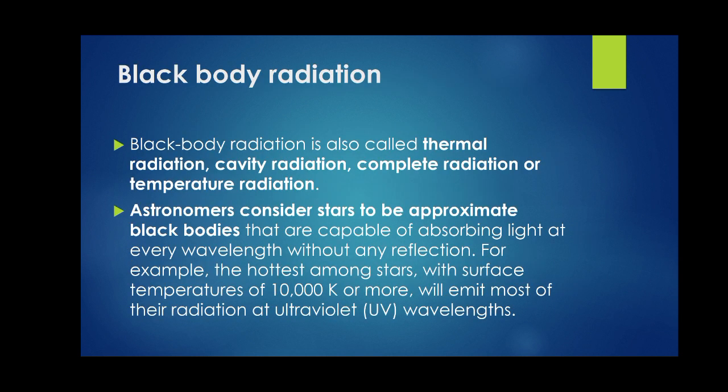Let us see some more points in the slide of black body radiation. Black body radiation is also called thermal radiation, cavity radiation, complete radiation, or temperature radiation. The material which has the ability to absorb all the radiation is called a black body, and it has its own emitting property.